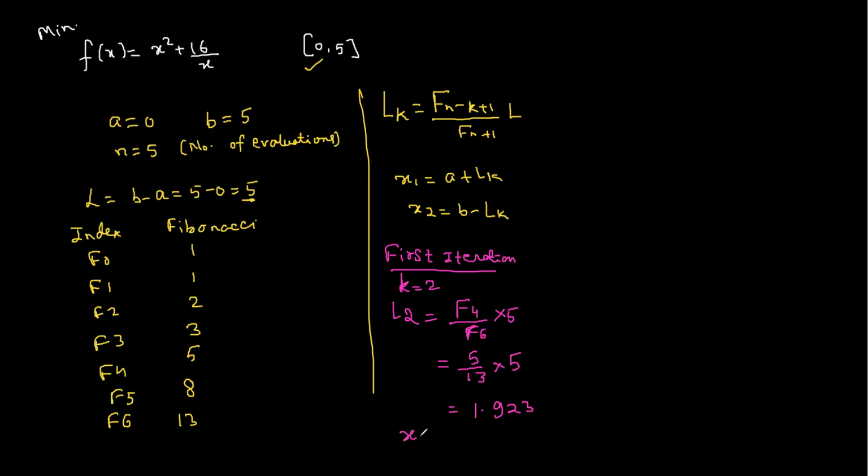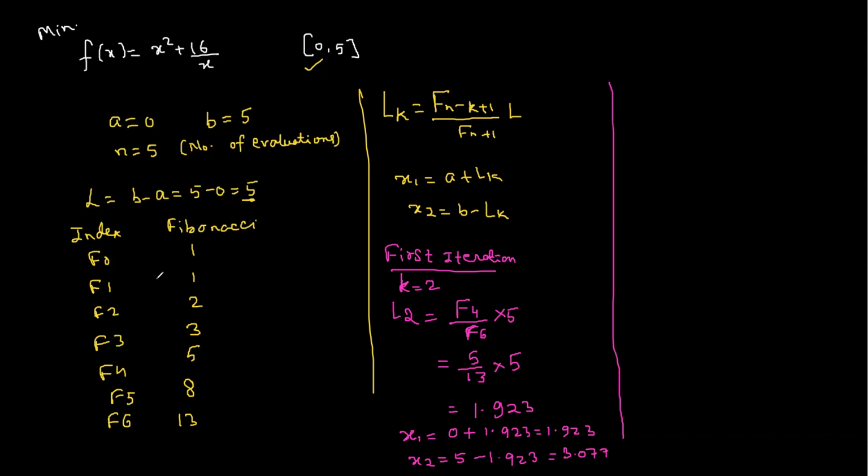So x1 becomes what? 0 plus 1.923, and x2 is 5 minus 1.923. Understood?